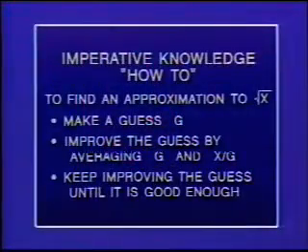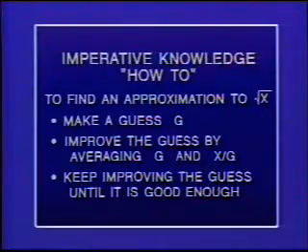Right, remember what that says. That says in order to do something, I make a guess, and I improve that guess, and I keep improving that guess. So there's the general strategy of: I'm looking for something, and the way I find it is that I keep improving it.